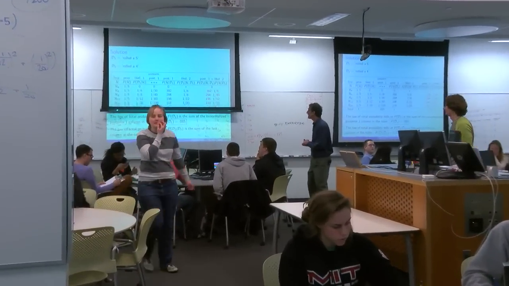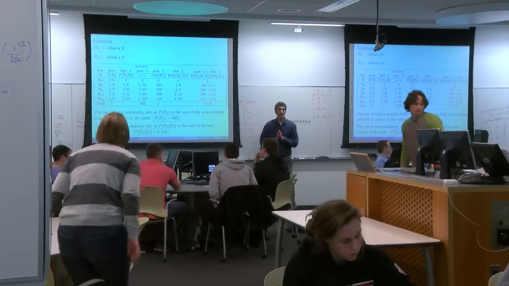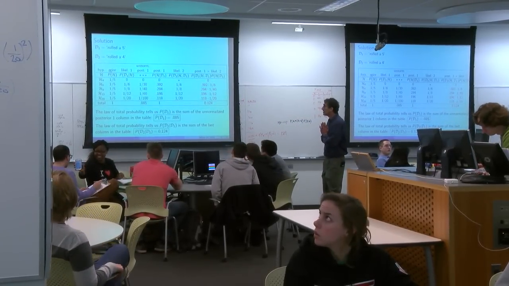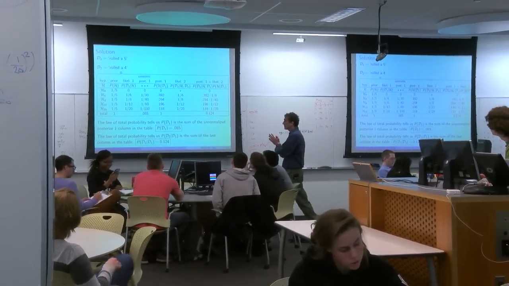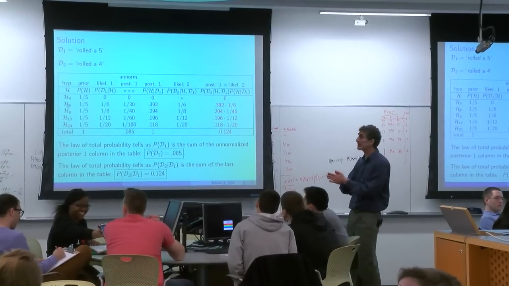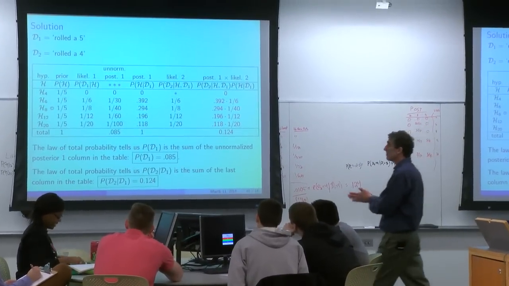Okay, like with all the other answers today, we'll use the screens to show the table. So when we go through it, we do the usual thing we did before. We started with a 5, so we'll update our probabilities of the hypotheses based on that 5.